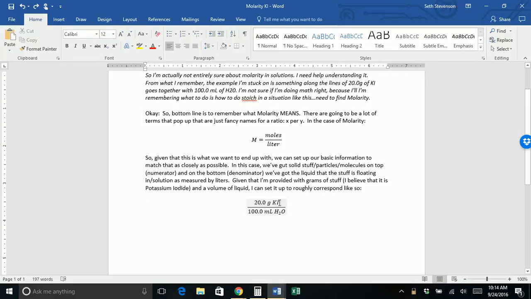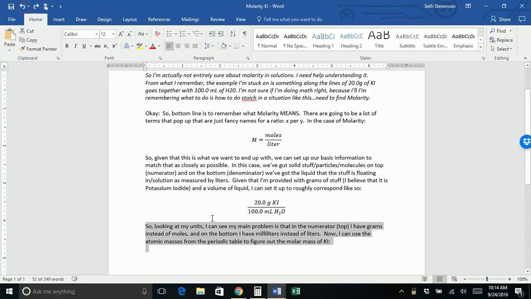So I'm putting the grams, the stuff, on top, and the milliliters, the volume of liquid, on the bottom. Pretty obviously, if I look at my units here, I don't want grams, I want moles. And I don't want milliliters, I want liters. So I need to figure out a way to get from grams to moles and from milliliters to liters.